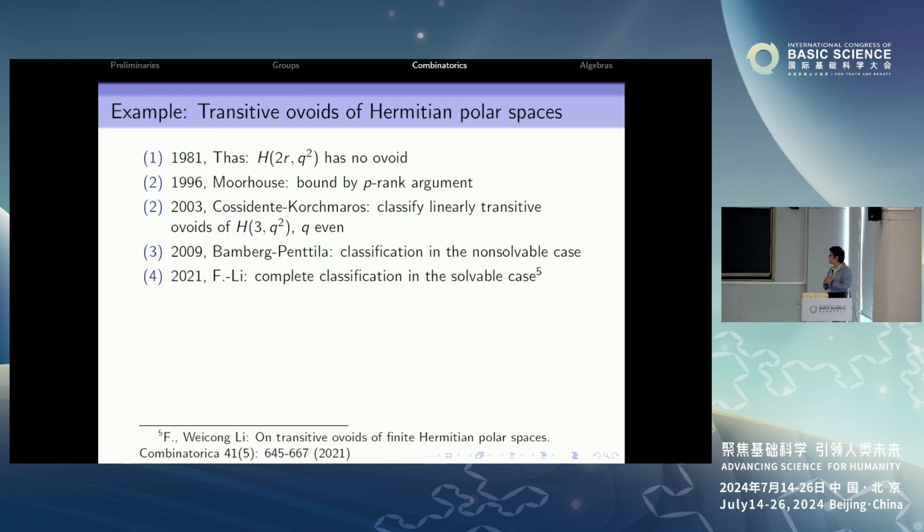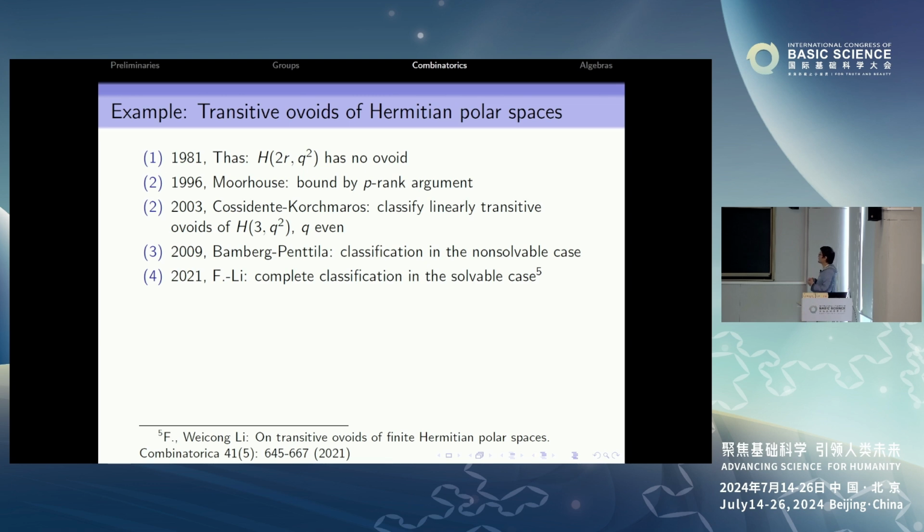Okay, some easier ones. We mentioned m-ovoids. Ovoids are simply 1-ovoids. This is a demonstration of the stream of study concerning finite geometric structures.